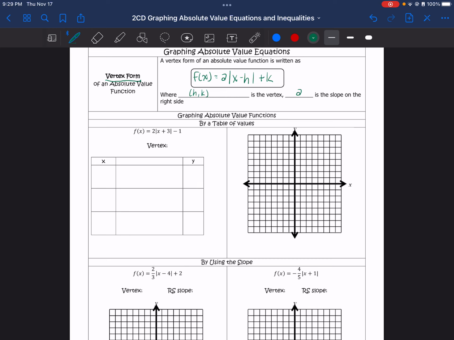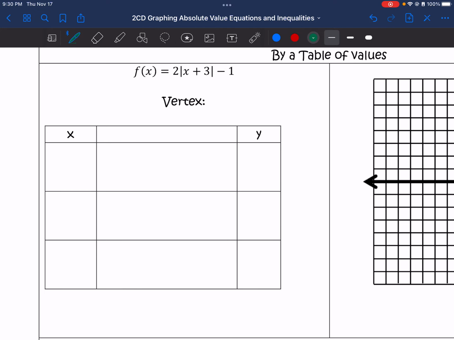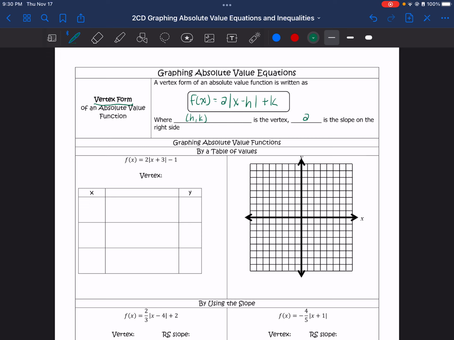So the first thing that we have to do is find the vertex of our graph. So we're going to be looking at this problem right here. Well, the vertex is again h comma k, and we have h right here and k right here. So we are going to look at those same spots on our function. We're going to look at this plus 3 and this minus 1.